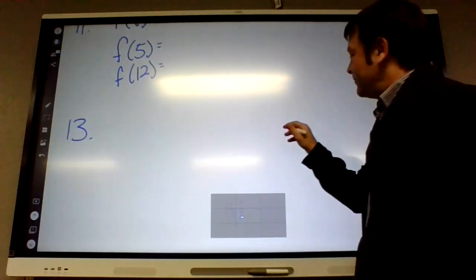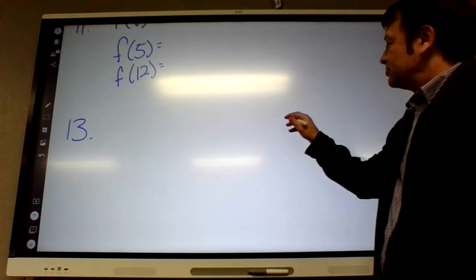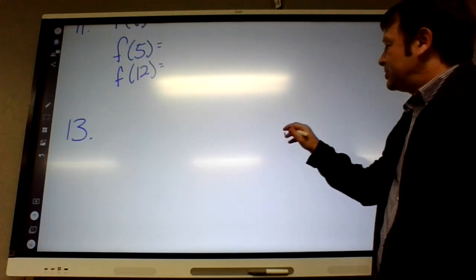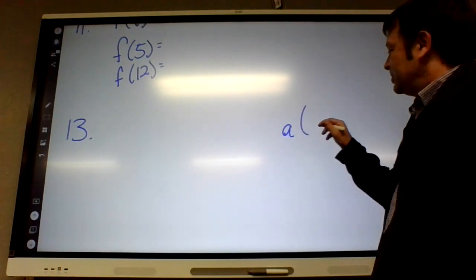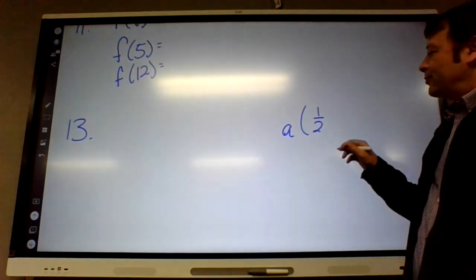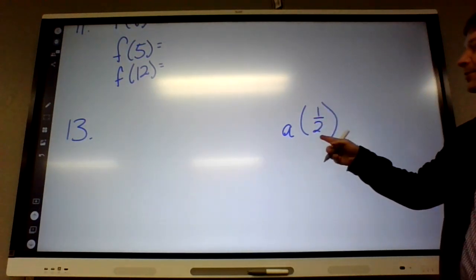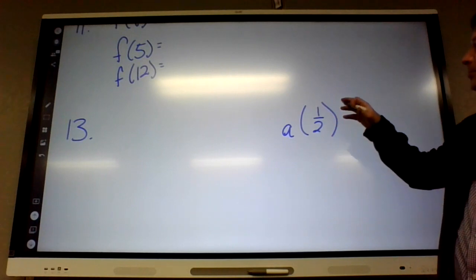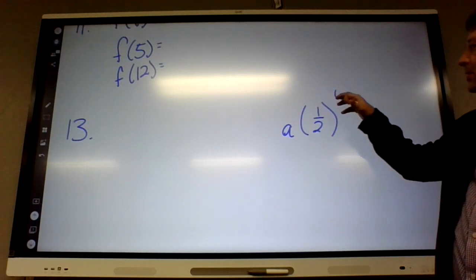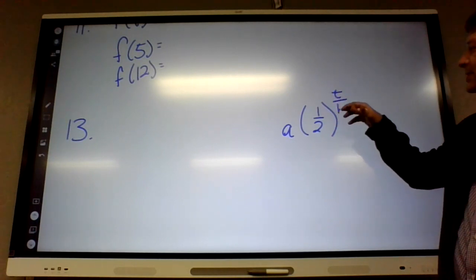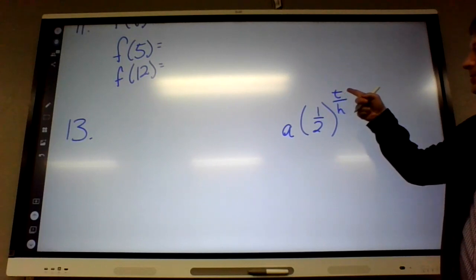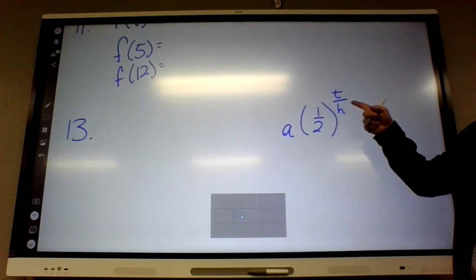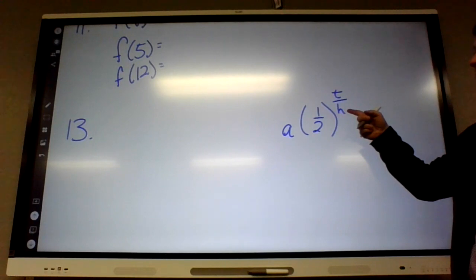So for a half-life formula, you still have your starting amount, and then it's only going to be half of what it was. 1/2 is the growth factor. Instead of every t years, it's t years divided by h, where h is the half-life.